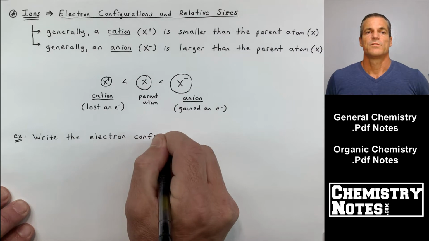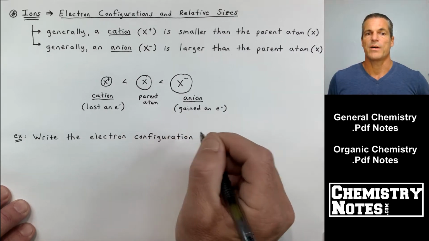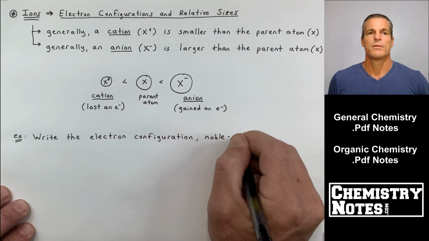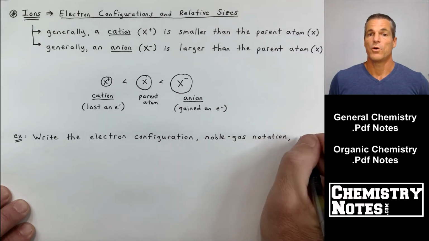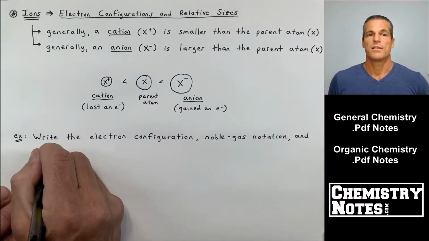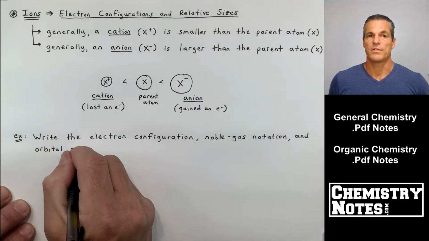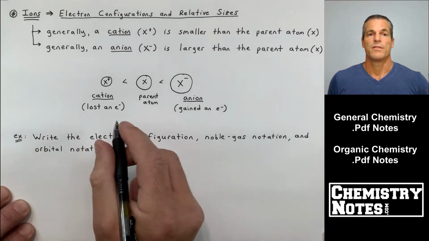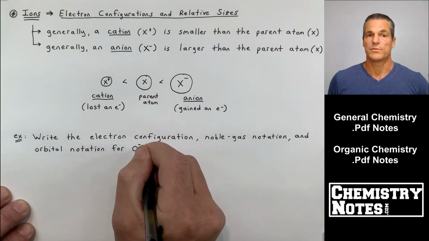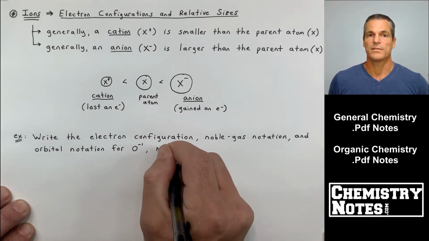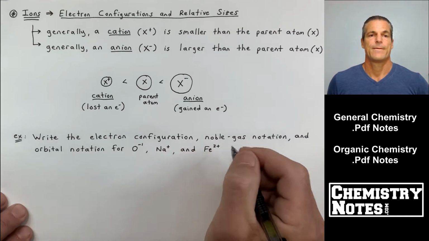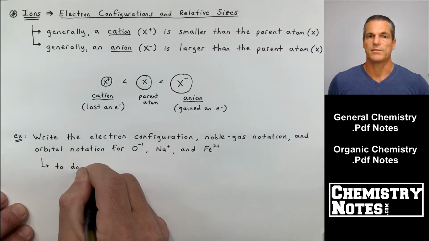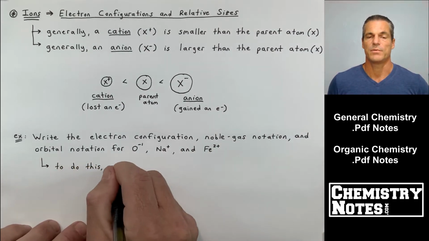Let's switch gears now and write about electron configurations. The example problem says write the electron configuration, the noble gas notation, and the orbital notation for the following: O minus, Na plus, and Fe2 plus.